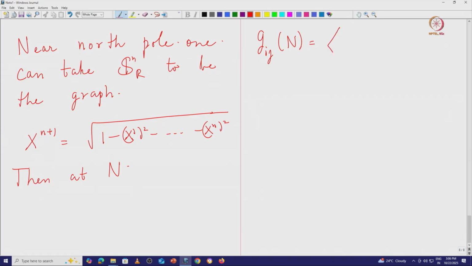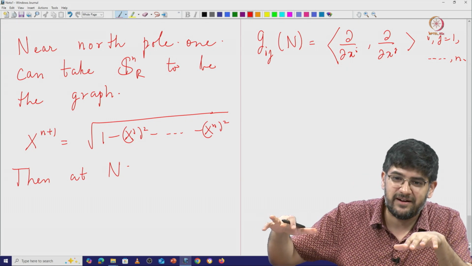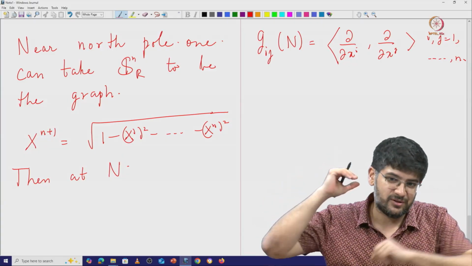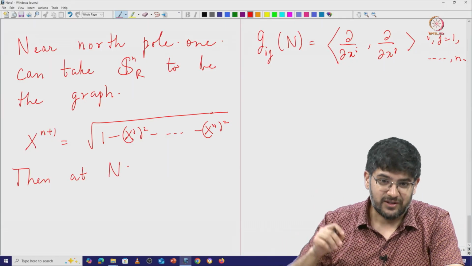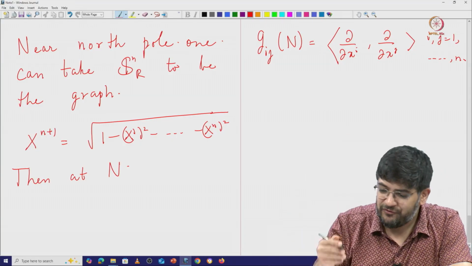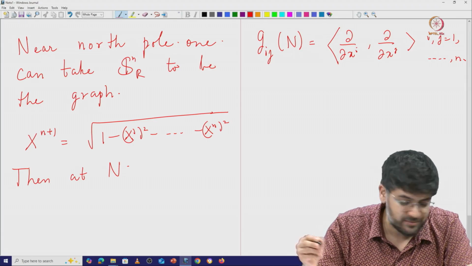So this is simply g_ij, the inner product of del by del xi and del by del xj, where i and j now range from 1 to n. So these are just the Euclidean components in basically the plane R^n that is passing through the equator of your sphere S^n. So using the coordinates on that plane you can write the sphere as a graph, and so then one can try to write the metric components in this coordinate system.